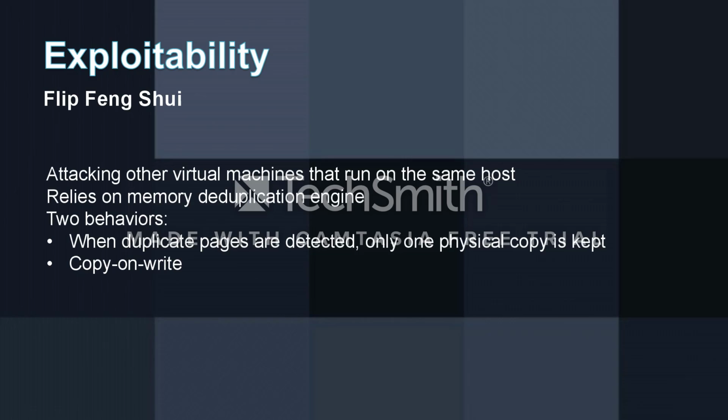Now I will discuss an exploit called Flip Feng Shui. This exploit allows a virtual machine that runs on some kind of cloud platform to attack its peers that are in the same host. It relies on the behavior of the memory deduplication engine used by the host, and in particular these two behaviors.